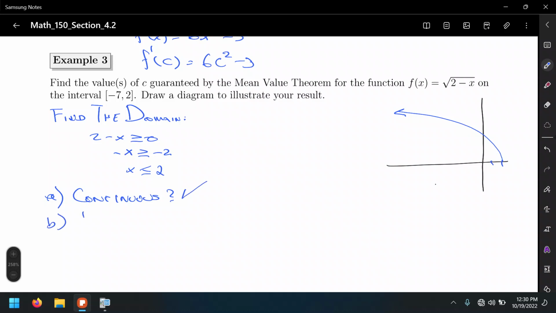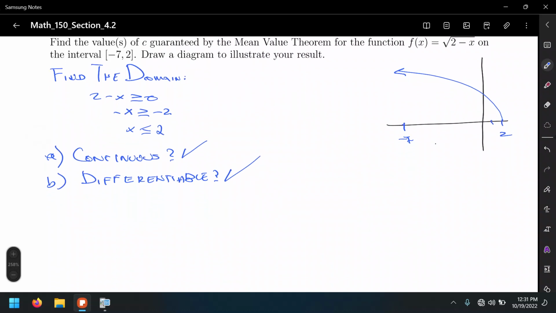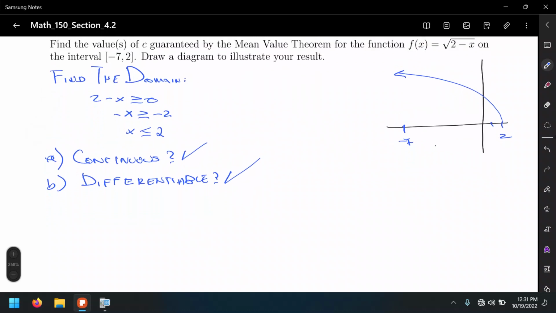Yes. Letter B, differentiable. It's also differentiable, all right? Between -7 and 2, there doesn't seem to be any asymptotes, any jump discontinuities, any holes, or any cusps, you know? And so it's continuous on the closed interval.